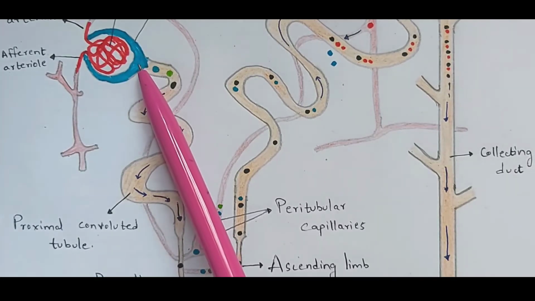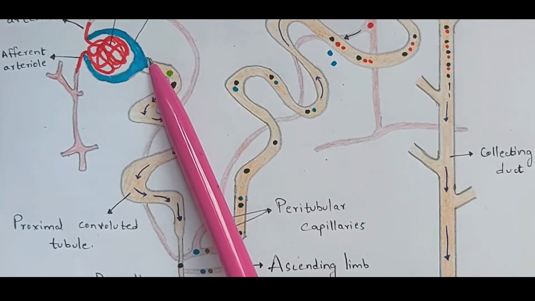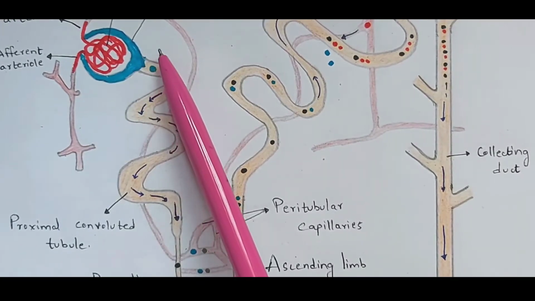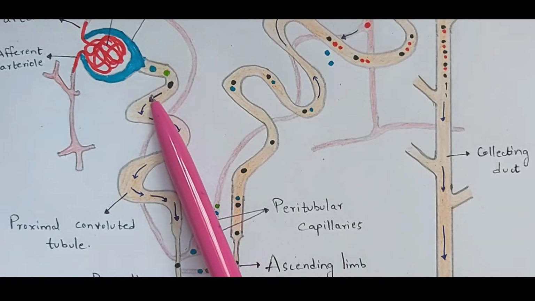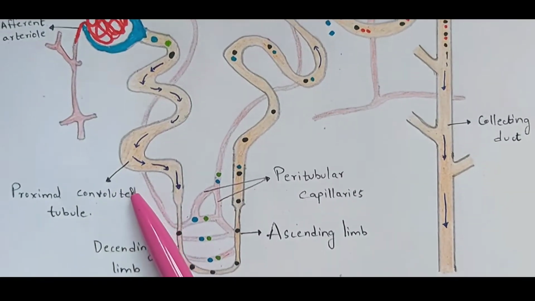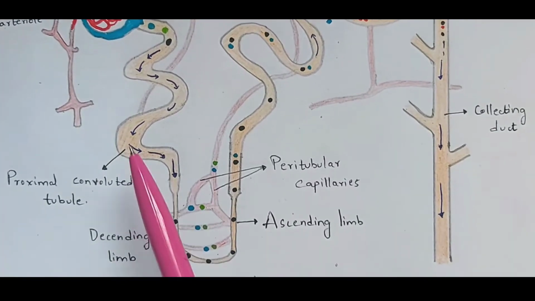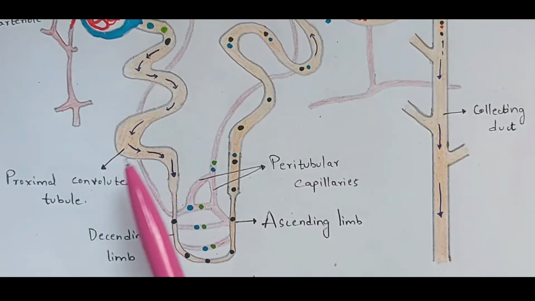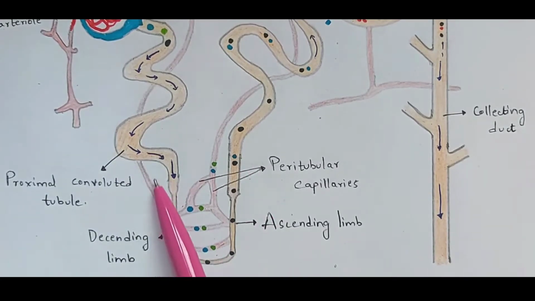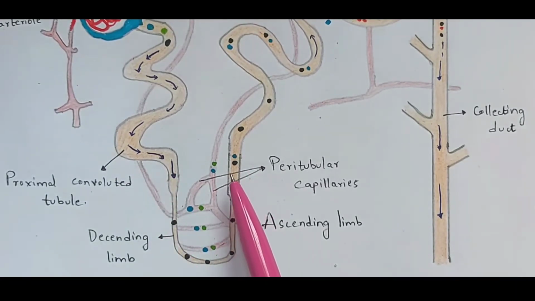So the proximal convoluted tubule, shortly called PCT, arises from the bottom of this Bowman's capsule, right? And now this proximal convoluted tubule leads to the loop of Henle. This U-shaped region is called the loop of Henle.